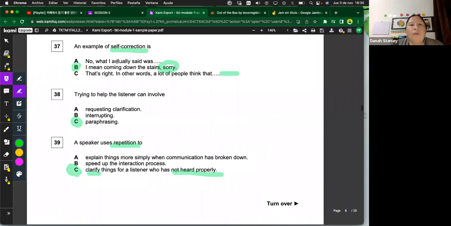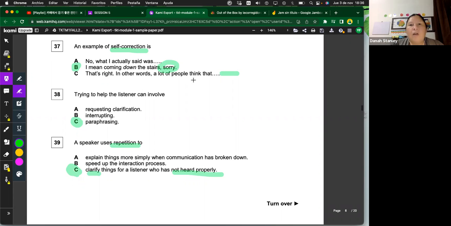An example of self-correction: "No, what I actually said was," "I mean coming down the stairs, sorry," "That's right," "In other words, a lot of people think that." The first example, "no, what I actually said was," is when you are going to paraphrase, because probably the way you said something was not really clear. So you are clarifying. "That's right.